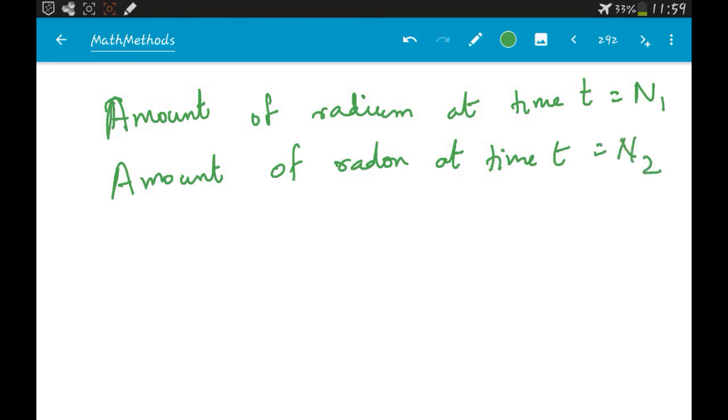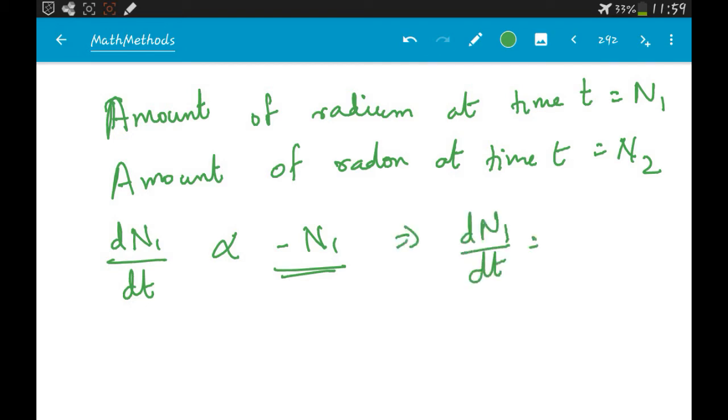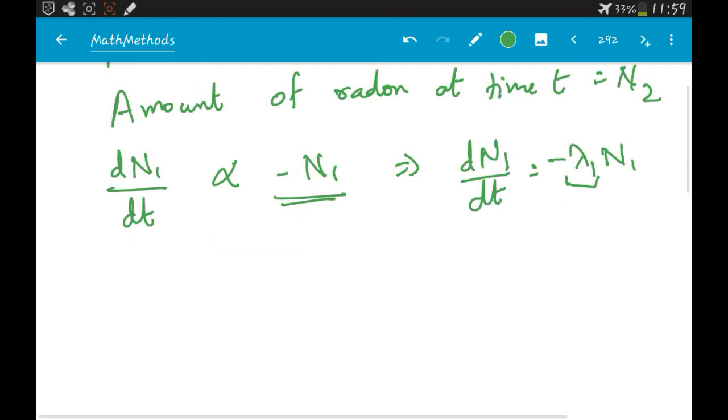Let's write down the equation for radium. Radium decays to radon, so dN1 by dt is proportional to minus N1, because it decays, it will be minus N1. So this is nothing but dN1 by dt is minus lambda 1 N1, where lambda 1 is the constant of proportionality.